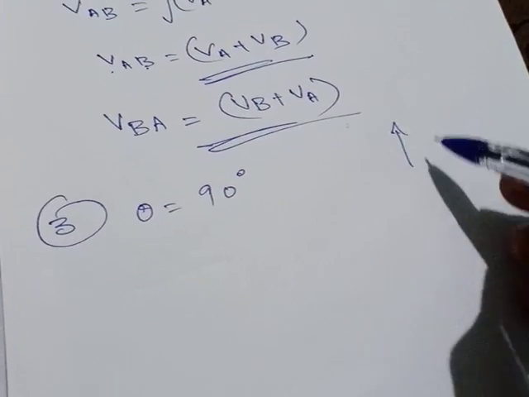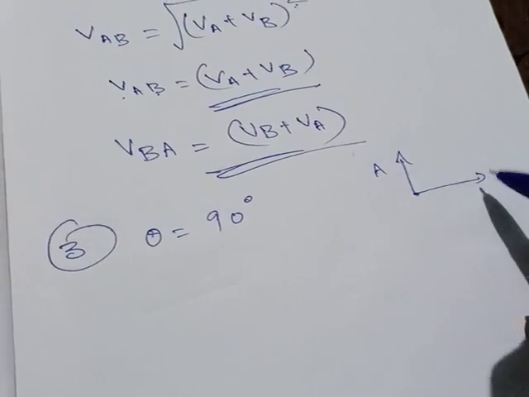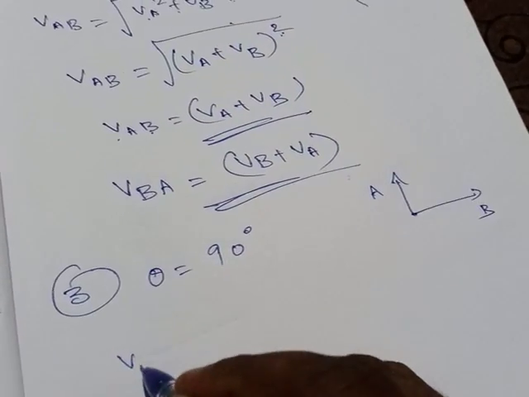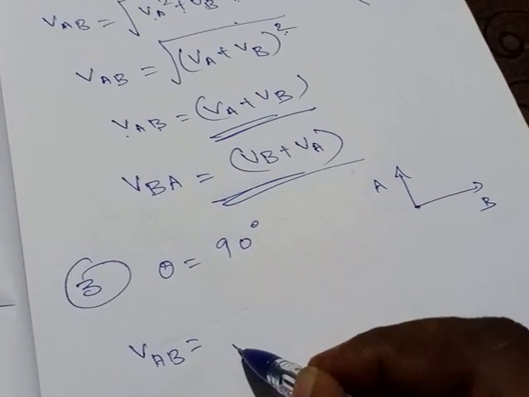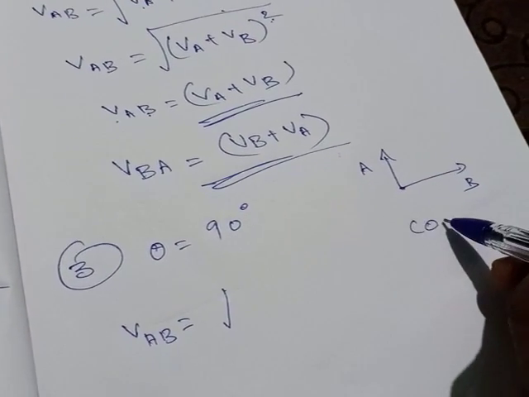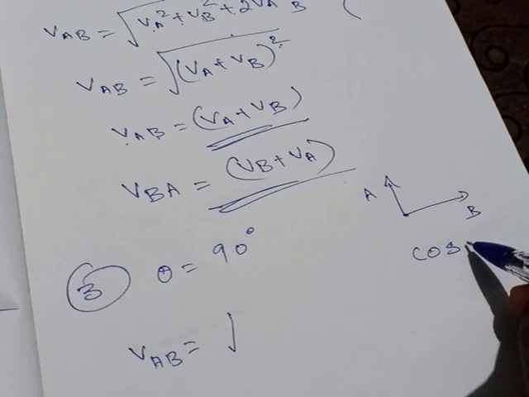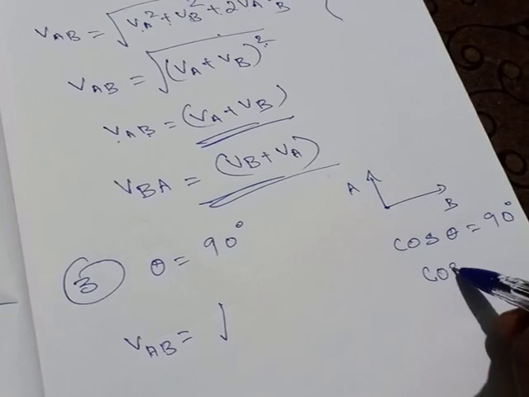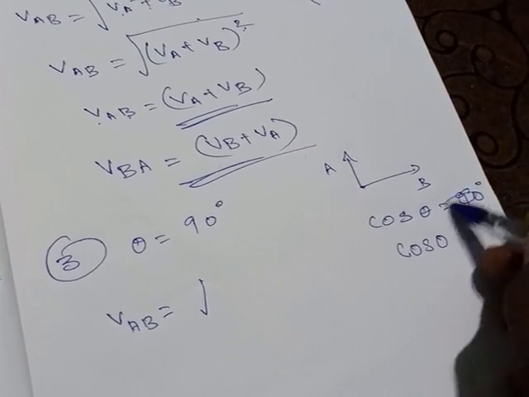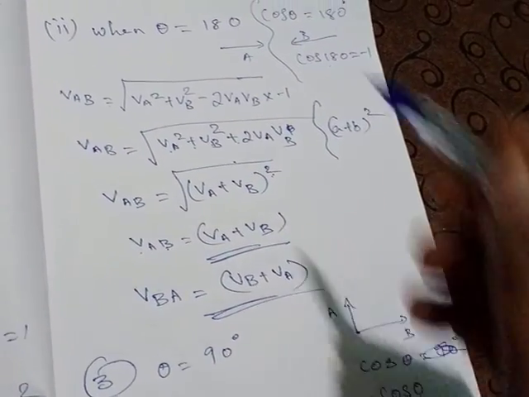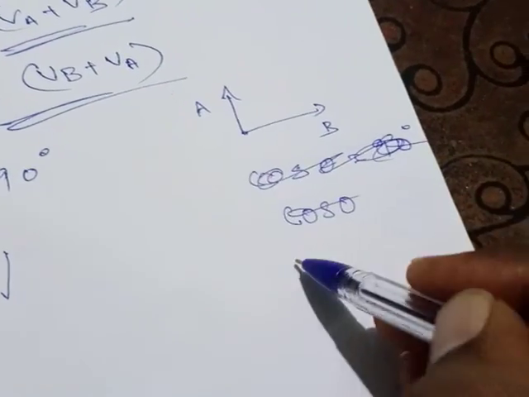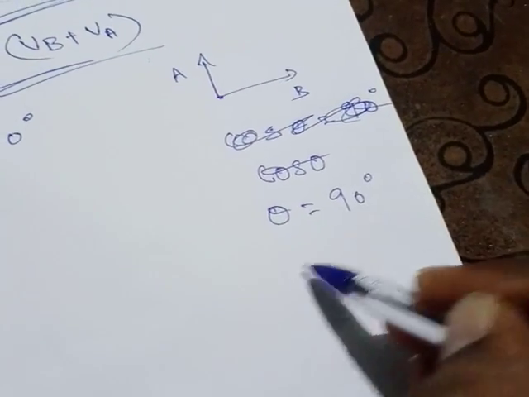One object is moving like this, another object moving like this, A and B. Now what will VAB be?